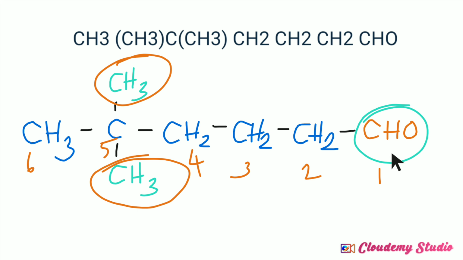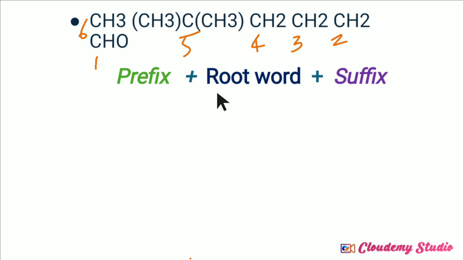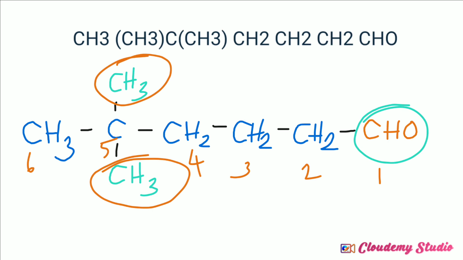Now we can name the compound. While naming, we need to follow this rule: the root word has to be preceded by the prefix and succeeded by the suffix. The prefix denotes the substituents and the location of the substituents. The substituents are methyl groups.